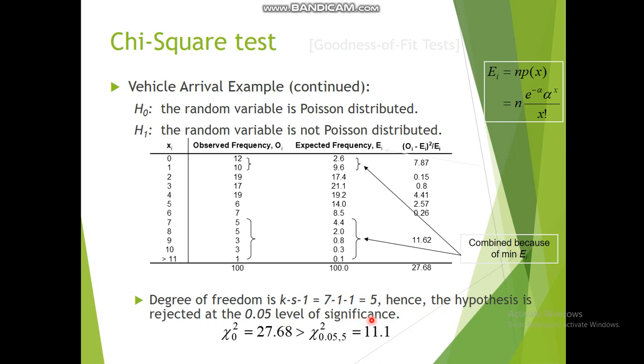If you see the chi-square table in the appendix of your textbook, the chi-square value for 0.05 with 5 degrees of freedom is 11.1. Since the chi naught square value 27.68 is greater than 11.1, you need to reject the hypothesis.